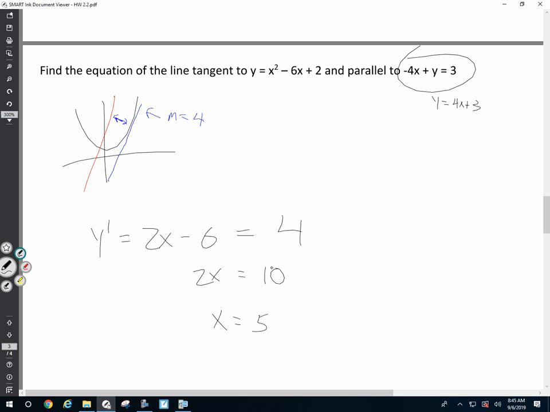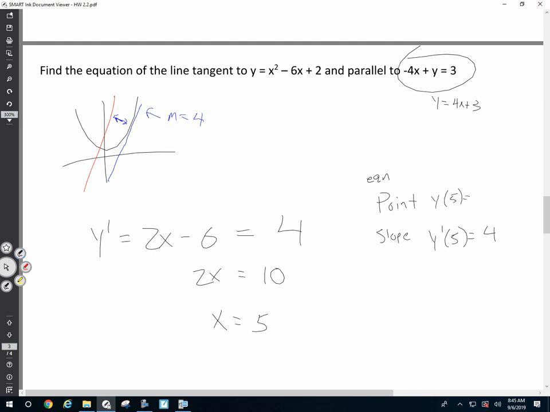So we know that when x is 5, and here comes my equation. When x is 5, my slope is 4. Double checking, 10 minus 6, 4, yes. Okay, but my point now is my function at 5.